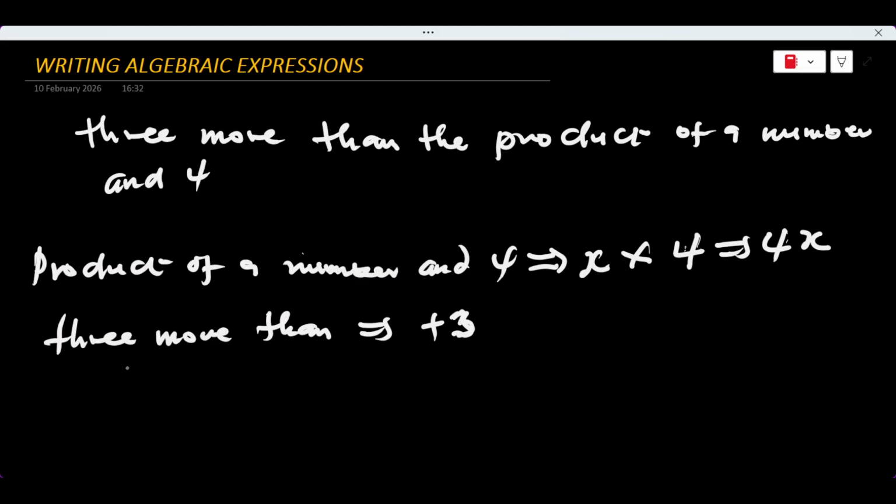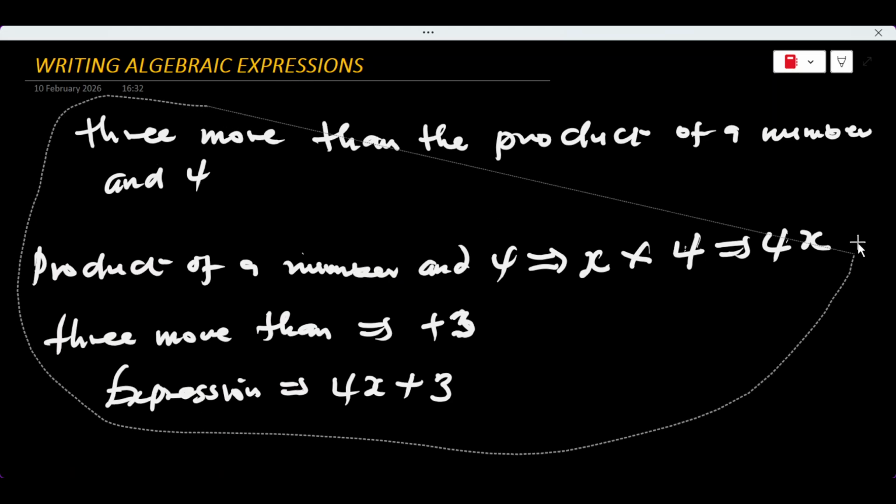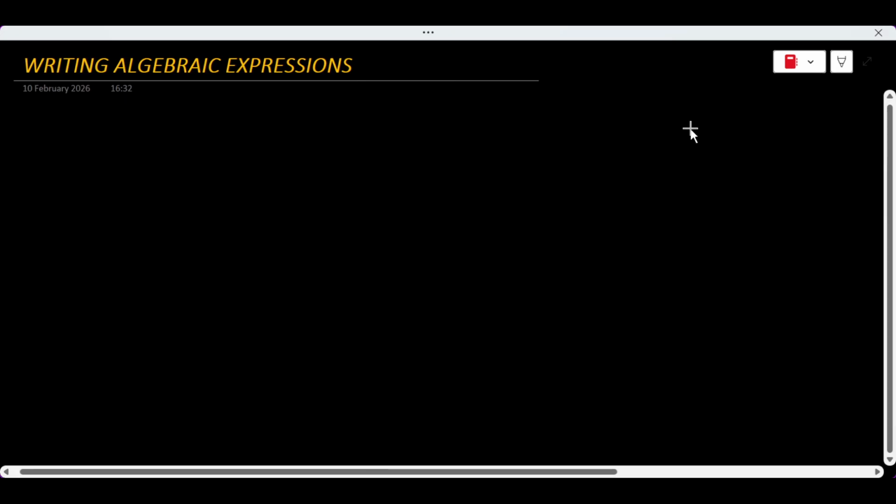So our expression will now be 4x plus 3. I hope that is clear. All right. So you can pause the video and try your hands on this. And come back and see if your answer is correct.